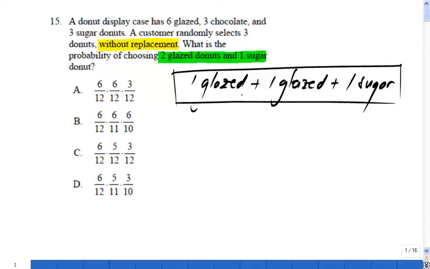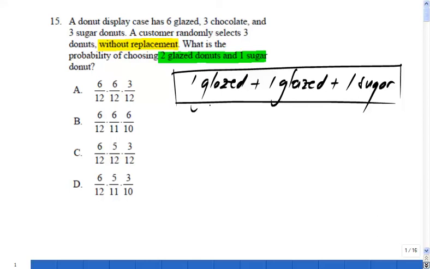I want to get a glazed without replacement, another glazed without replacement, and last, I need to get 1 sugar donut, obviously without replacing the first 2 of them. So you're looking at 3 different events, right?